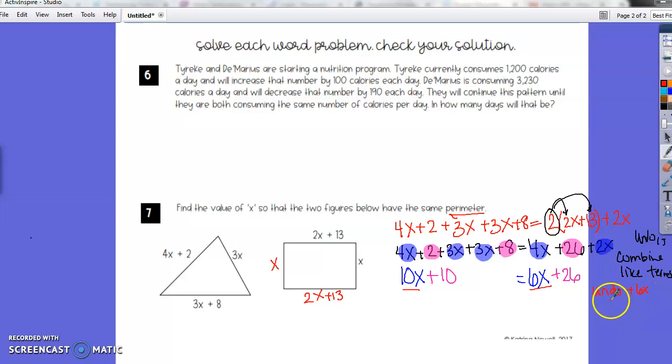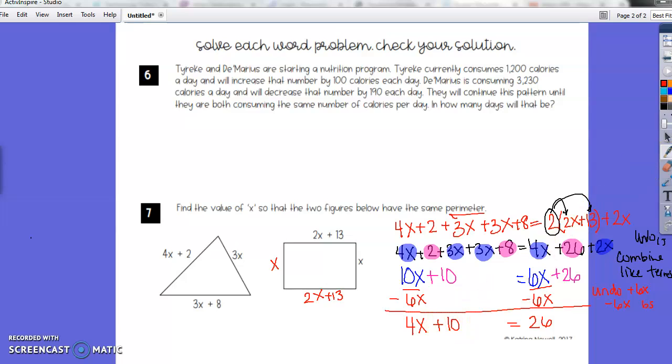And to undo a positive 6x, we're going to subtract 6x on both sides. So 10x minus 6x is 4x. That equals 26.